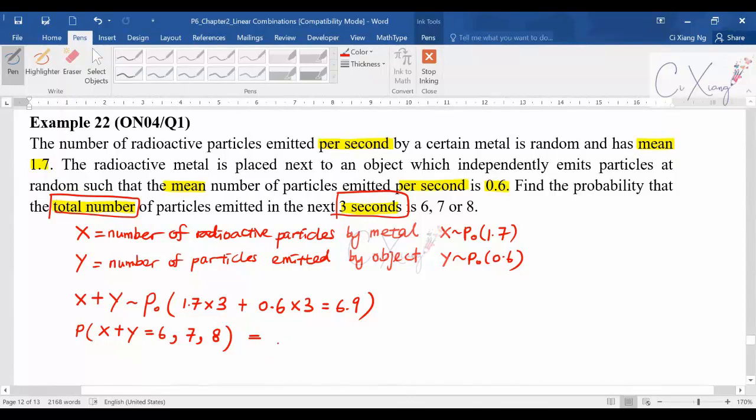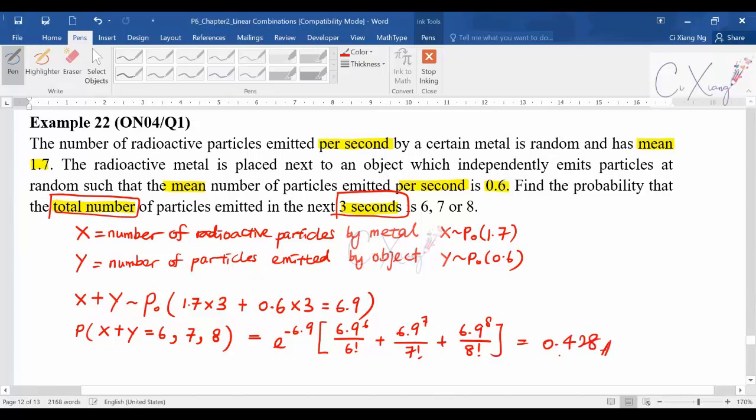So what's the Poisson formula? E negative lambda. You have to start with 6, so it will be lambda power 6 divided by 6 factorial, plus lambda power 7 divided by 7 factorial, and also lambda power 8 divided by 8 factorial. And then by just pressing the calculator, you should be able to get the answer.